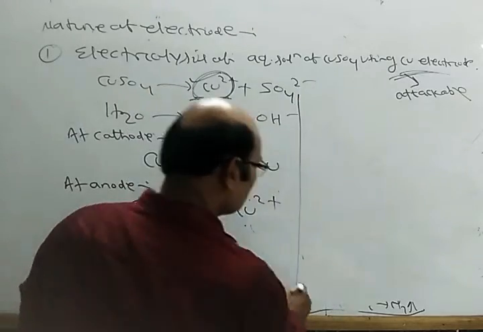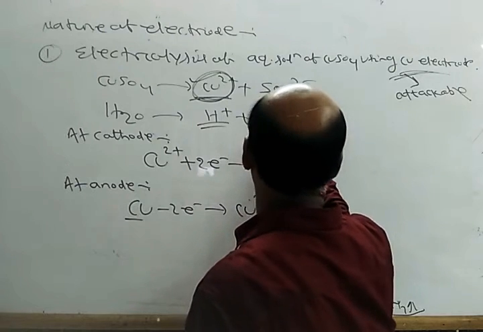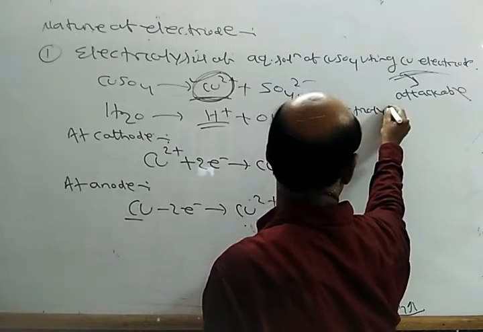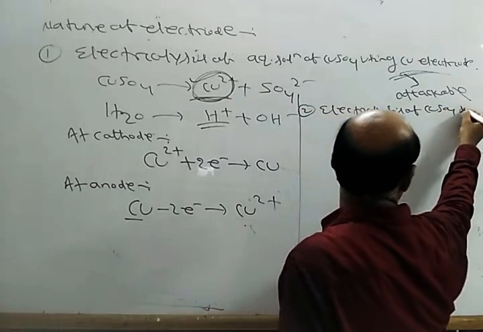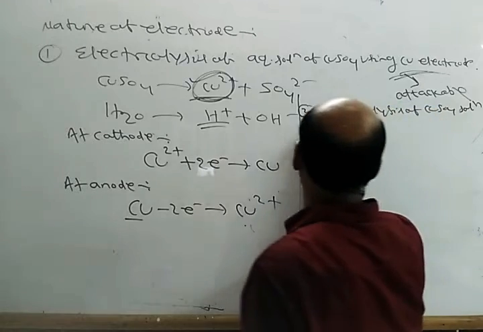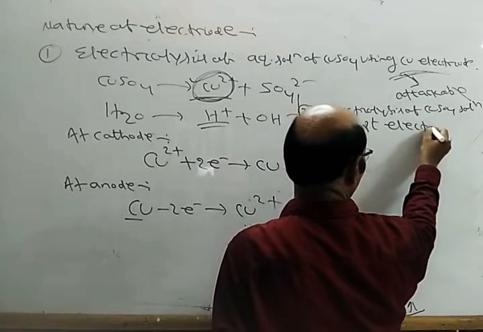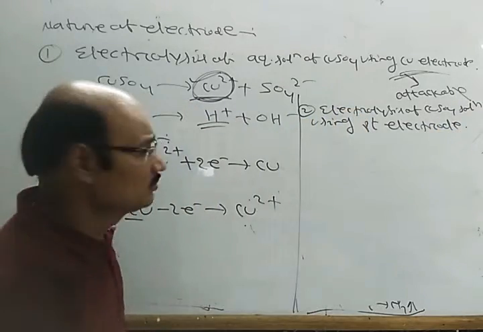Now if I take a non-attackable anode, suppose electrolysis of copper sulfate solution using platinum electrode. So what will happen here?